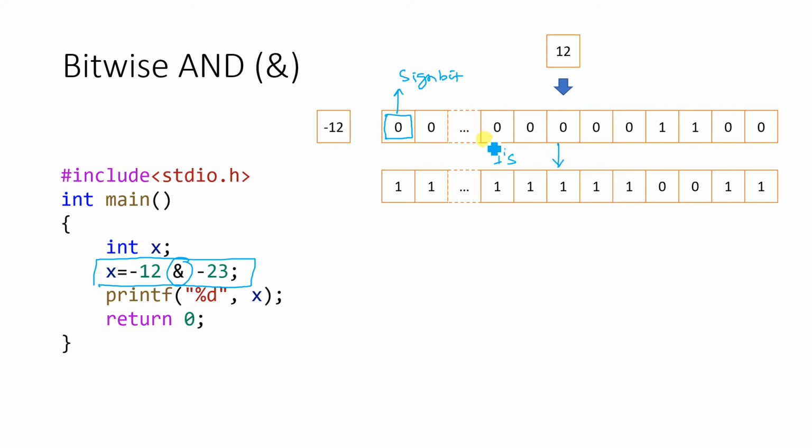Ones complement means alternating the value from 0 to 1 and 1 to 0. So 0 becomes 1, 0 becomes 1, 1 becomes 0, 1 becomes 0. The remaining bits are 0, so all these are 1. Now after finding the ones complement, 2's complement says that you have to add 1 to it. So we have to add 1. We know the addition: whenever 1 plus 1 is added, you get 1 0.